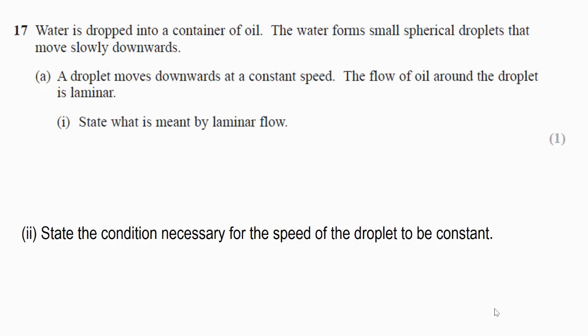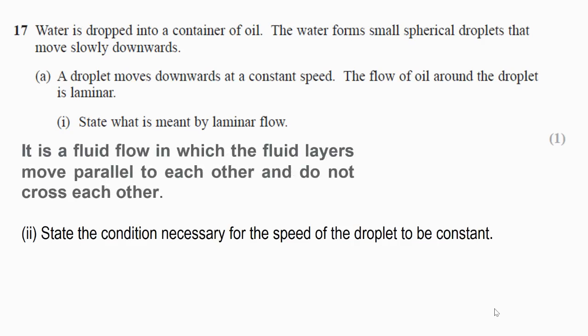So we can define it: it is a fluid flow in which the fluid layers move parallel to each other and do not cross each other. That means the velocity of the fluid flow is the same at each and every point, and they're moving parallel to each other.